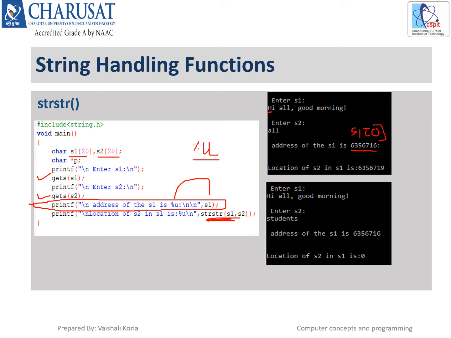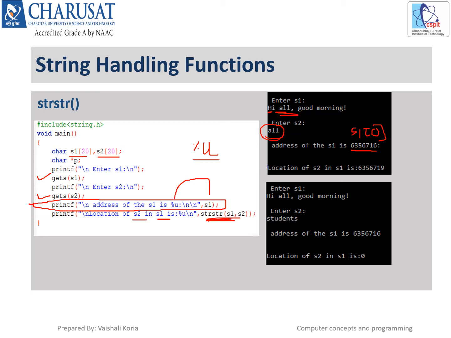Now the strstr function is actually returning the address of s2 in s1, that is, from where s2 starts in s1, if s2 is a substring of s1. So we need to find the location of "all" in s1.